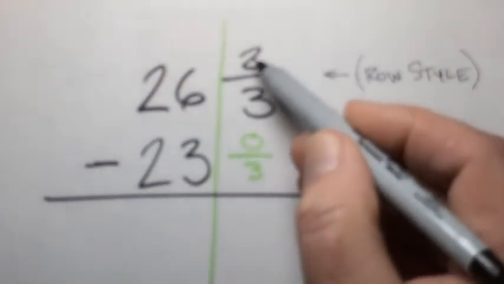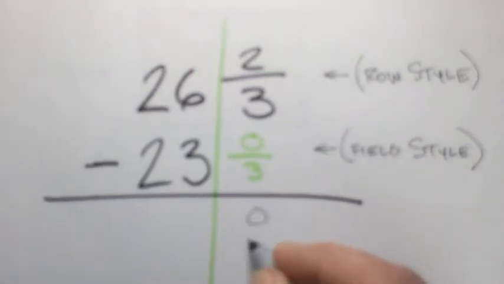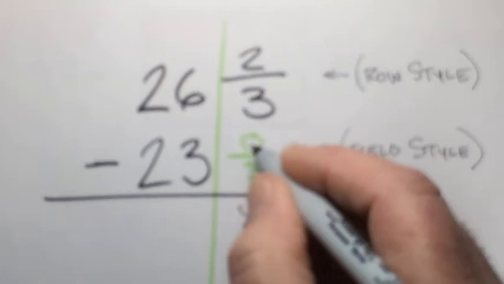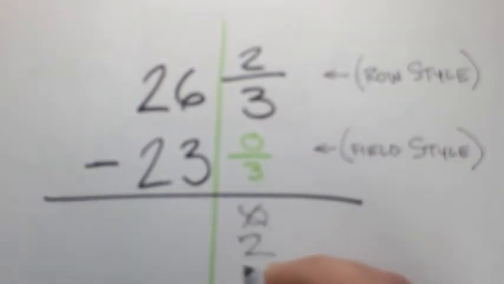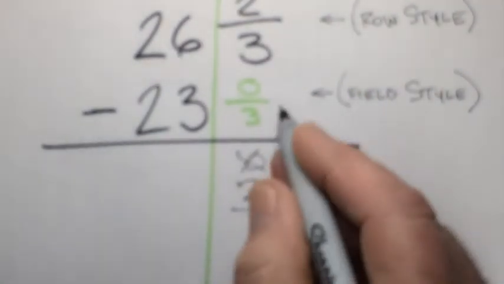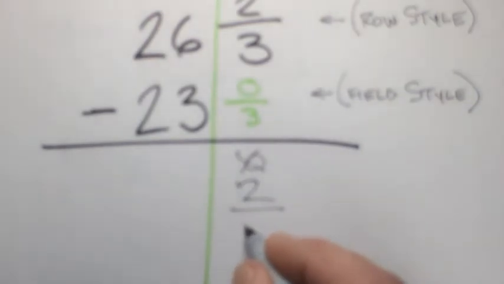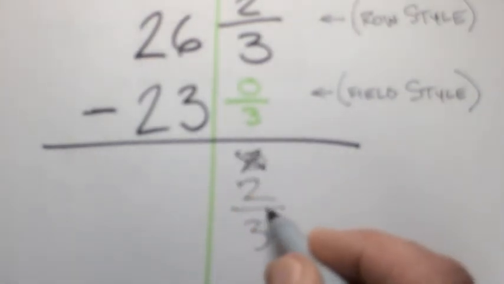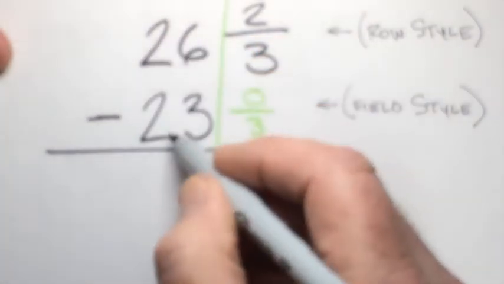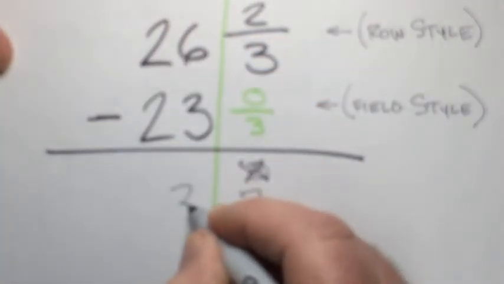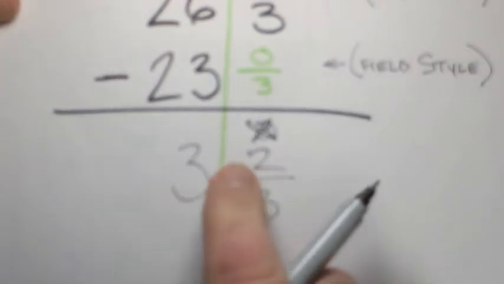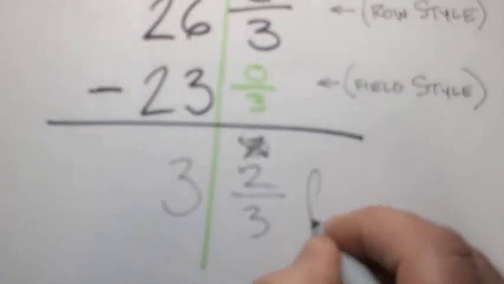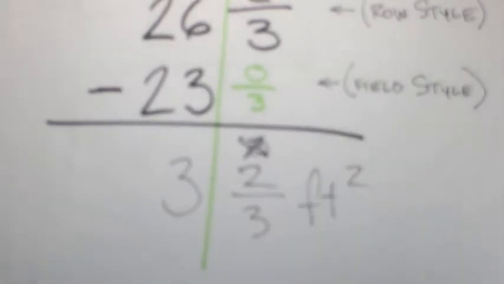So 2 take away nothing would be 2. I got this. 2 thirds, so 2 thirds. So 2 thirds over on the fraction side, and then 26 take away 23 would be 3. So 3 and 2 thirds. So 3 and 2 thirds is the difference in feet squared.